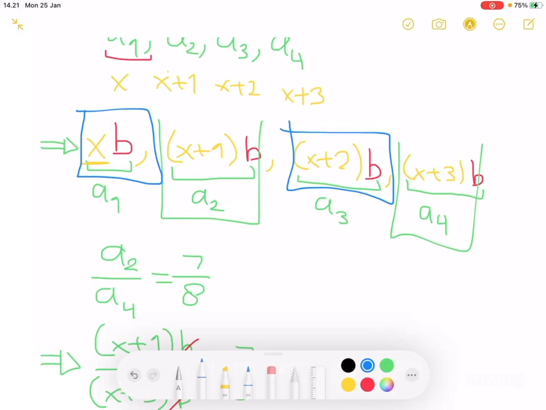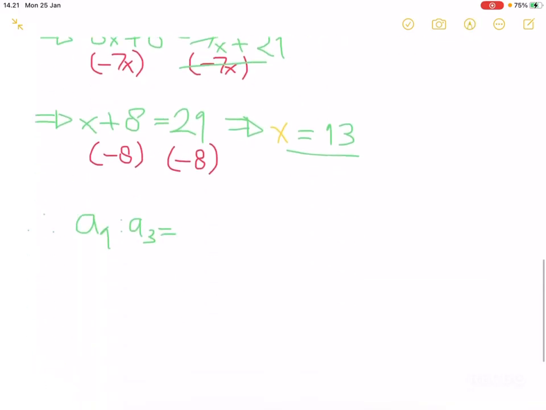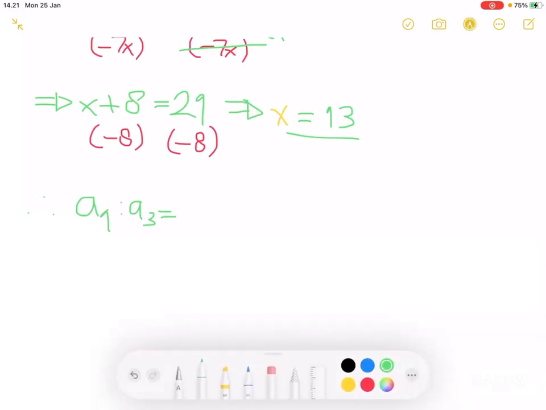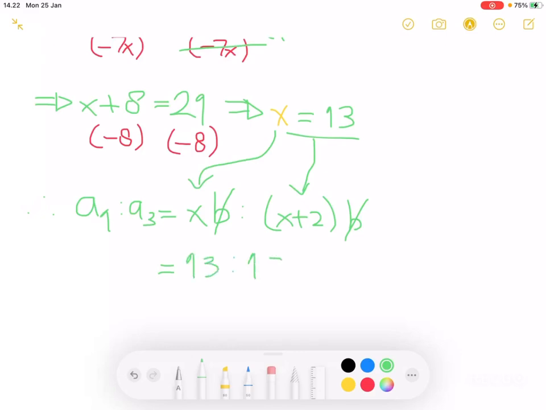So we have xb to x plus 2 in parentheses times b, so xb to x plus 2b. Notice the b and b cancel once again, and we substitute our value. We're left with 13 to 13 plus 2, which is 15, and this is our answer for part A.